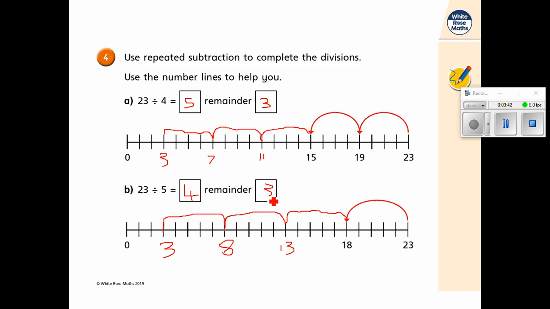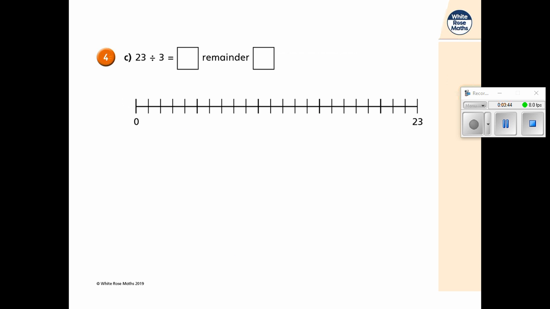So there we go. Right, still question 4. Part C. So now we are dividing by 3. 23 divided by 3. Okay, so 1, 2, 3, 1, 2, 3, 1, 2, 3, 1, 2, 3, 1, 2, 3, 1, 2, 3, and 1, 2, 1, 2, 3.